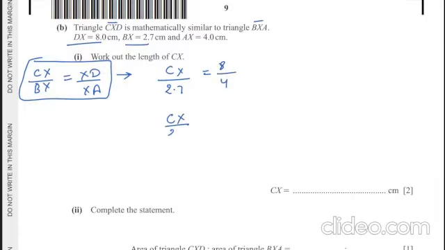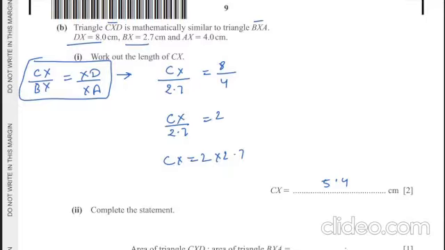So CX over 2.7 equals 2. CX equals 2 times 2.7, which is 5.4 centimeters. So this is the answer for CX, 5.4 centimeters.